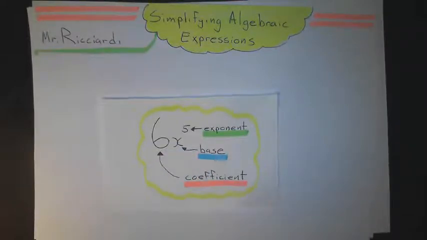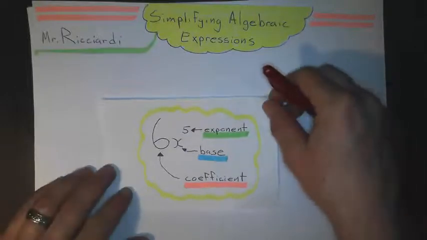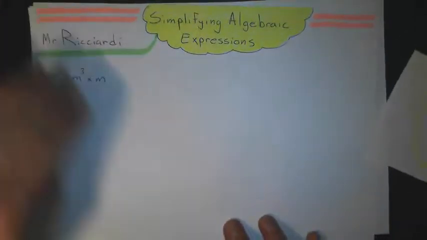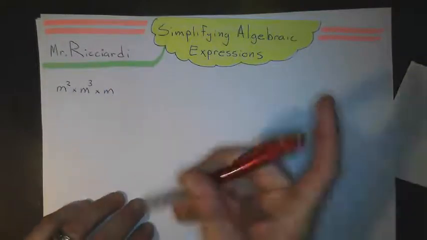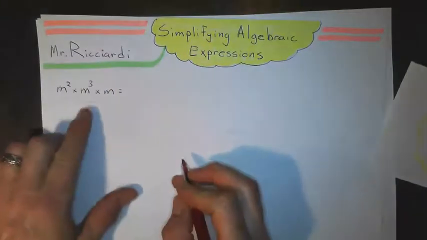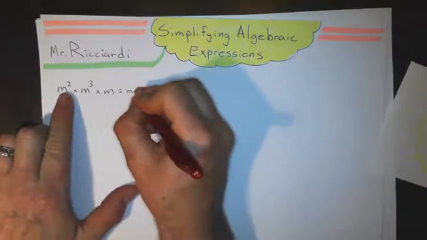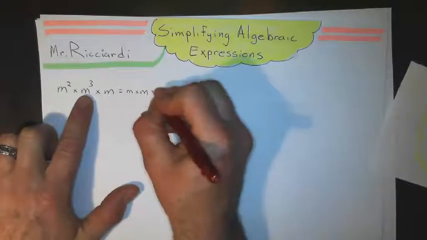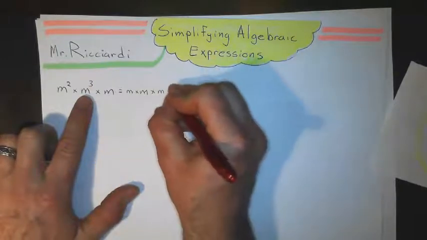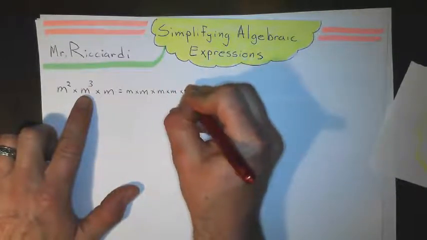Okay, so first example here, I've got m squared times m cubed times m. Now, just what does that mean? That means m squared is m times m, and that's times m cubed, which is 3 more m's, and then finally times that last m.